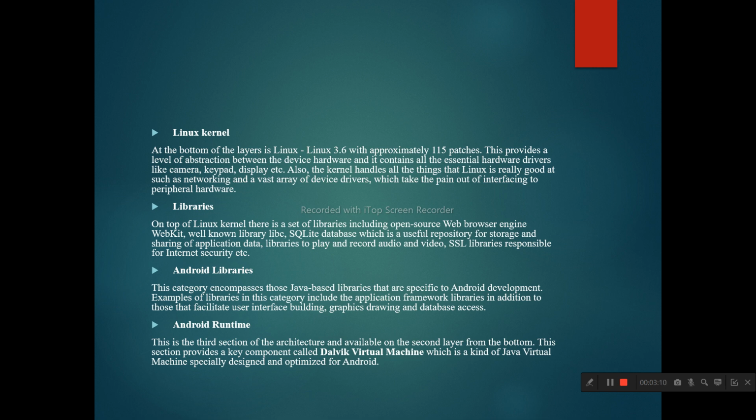After that, we have the Android runtime. This is the third section of the Android architecture, which is available on the second layer from the bottom. Android runtime is the engine that powers our applications along with the libraries, and it forms the base of the next section, the application framework. In the Android runtime, there are core libraries like the Dalvik Virtual Machine, which is responsible for the Android runtime.